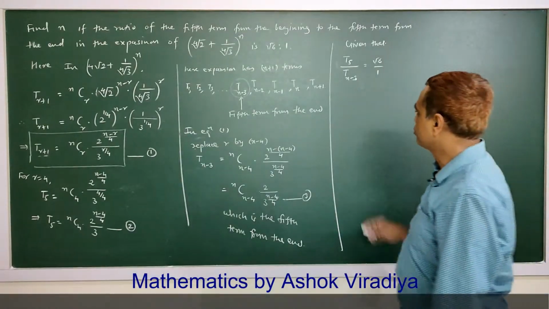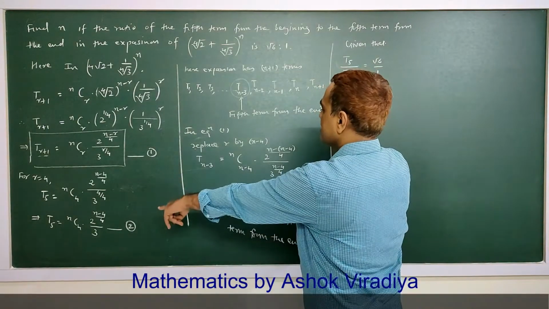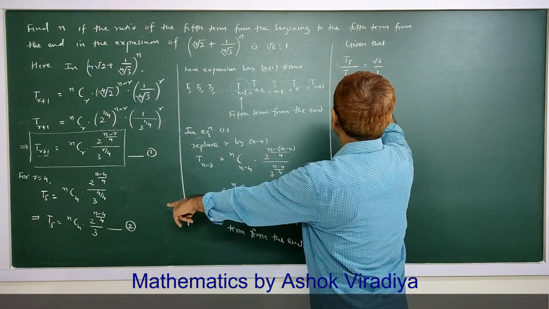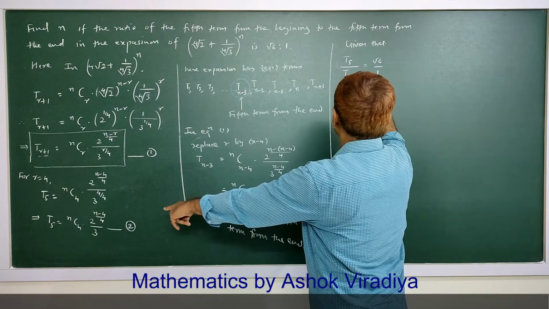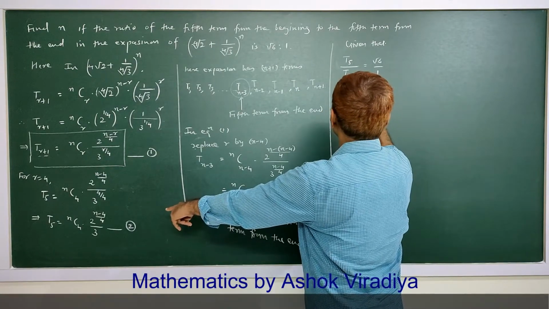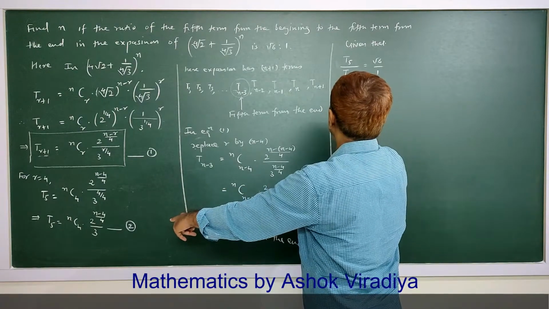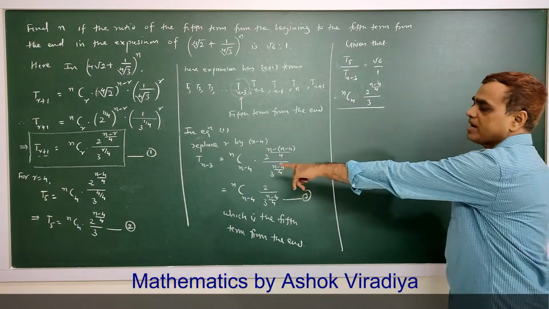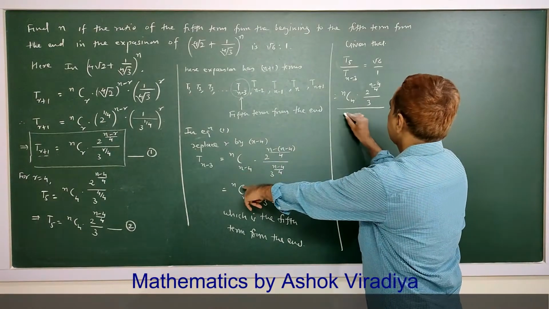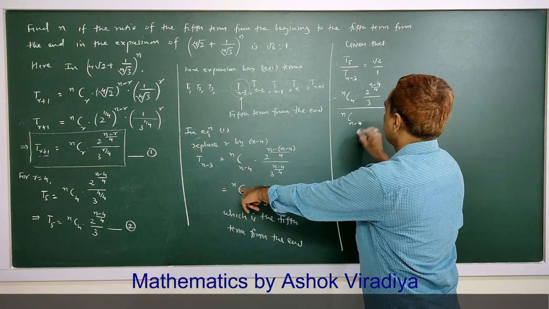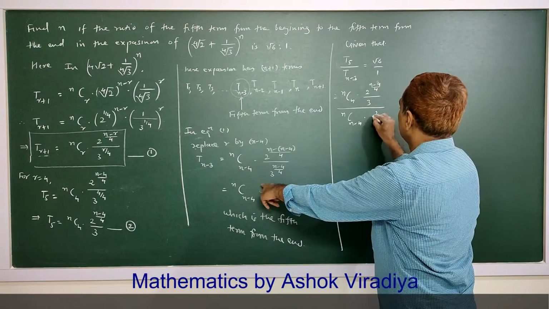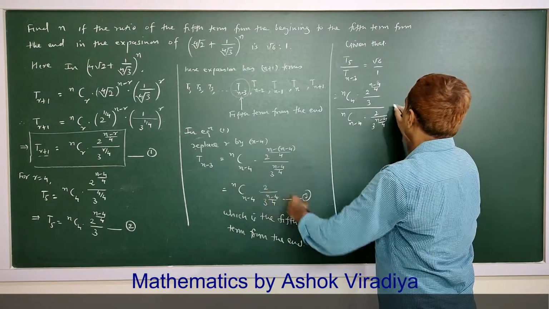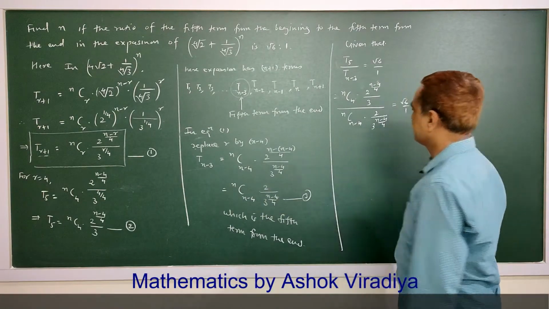Putting values, this is NC4 into (2 raised to (n-4)/4) upon 3, upon, and the (n-3)th term is NC(n-4) into (2 upon 3) raised to (n-4)/4. It is root 6 by 1.